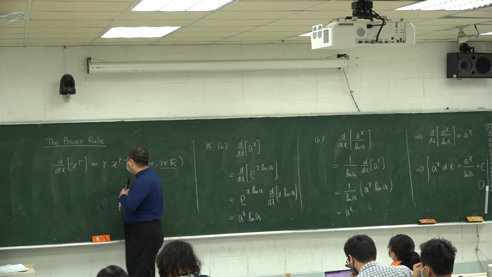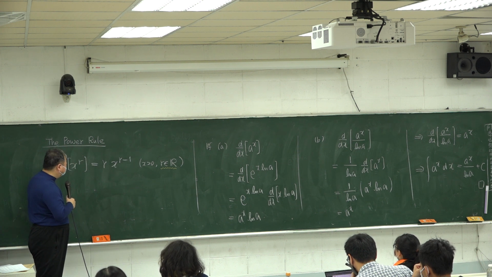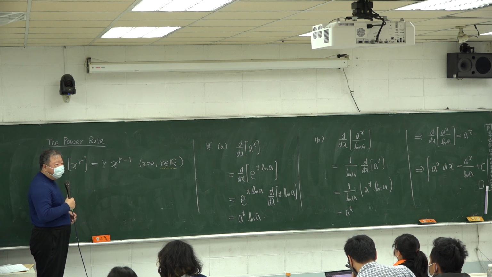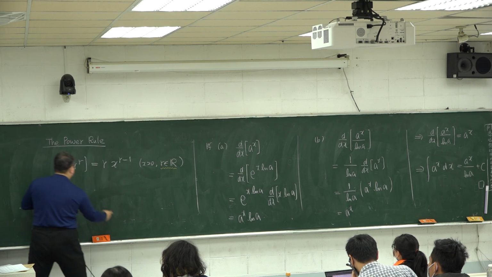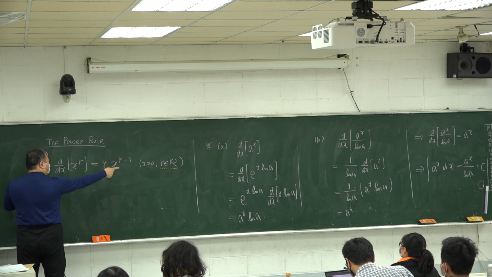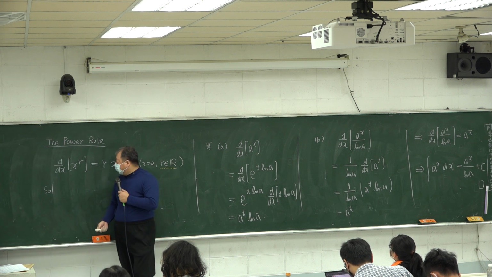Of course, if r is an integer, for example a positive integer, x can be an arbitrary real number. This result is also true. So when this is defined, x is positive and r can be an arbitrary real number, then this result is still true. Let's see.